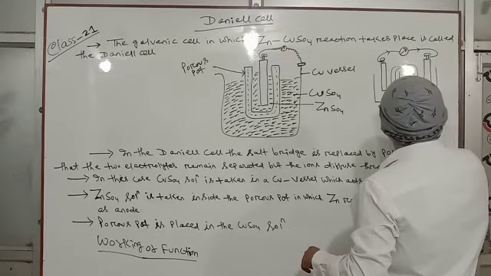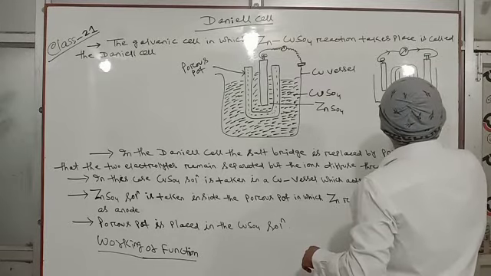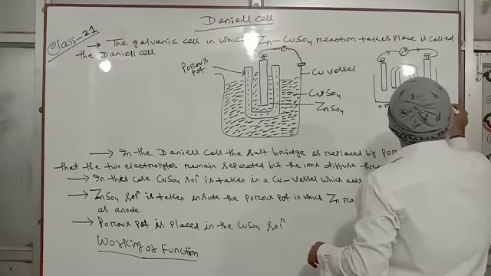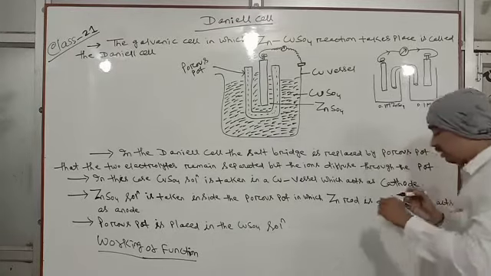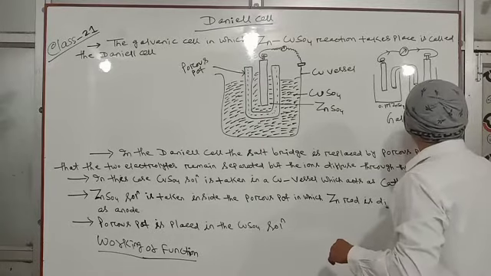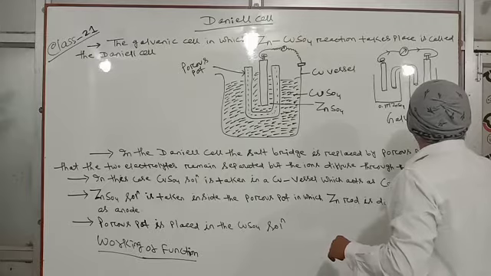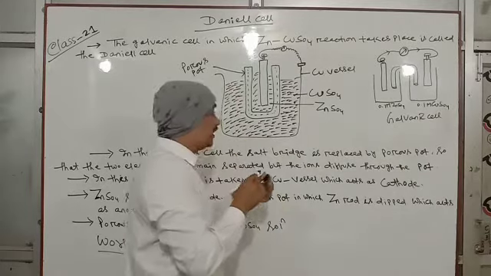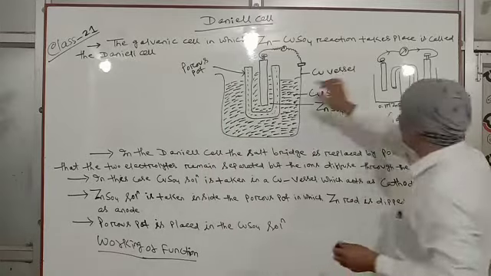Look at 0.1 M zinc sulfate, 0.1 M copper sulfate. This diagram is the galvanic cell, and this is the voltaic cell. Compare this diagram and that diagram.